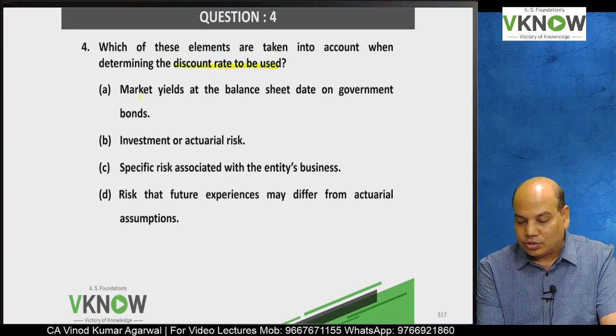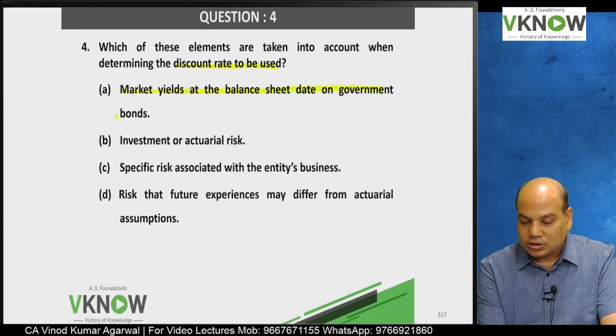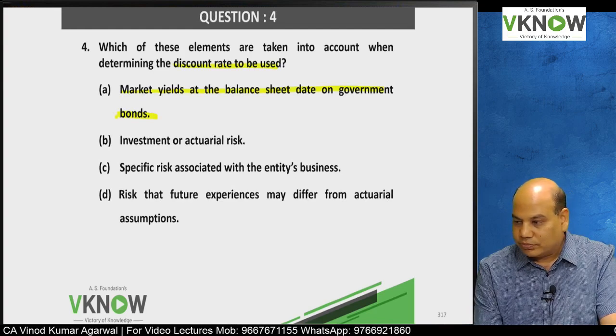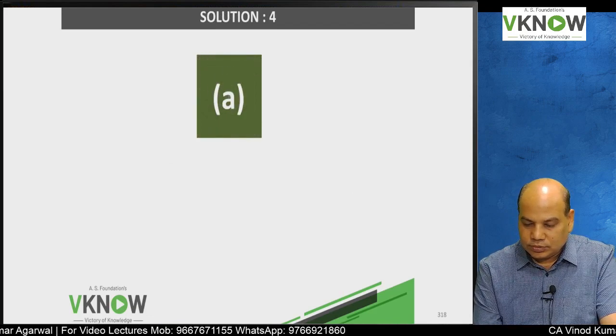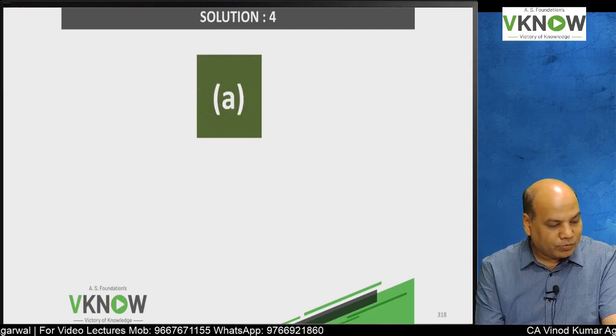Discount rate is based on market yield on the government bond. Is it right? So the answer is right. A. Tick mark A. All this we have discussed in the classroom.